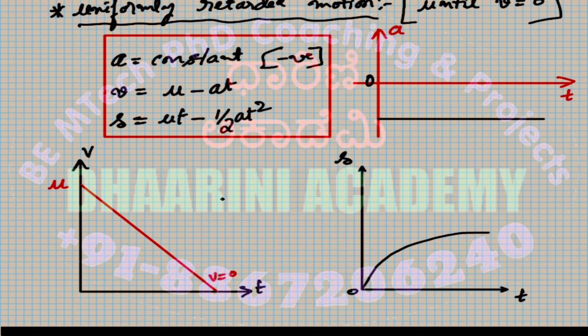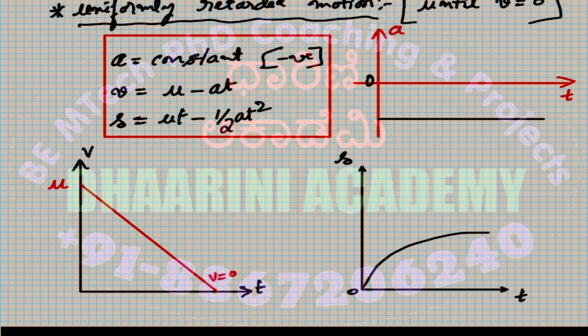From ut you keep on subtracting half at square, because of which the rate of change keeps on decreasing. So you know ds by dt is the velocity, which has to be 0 at some point, so the slope becomes 0.